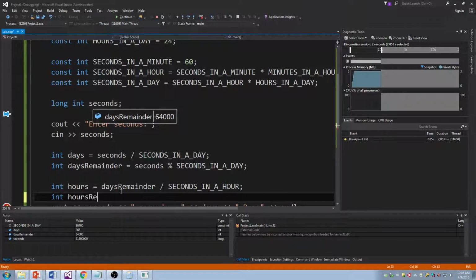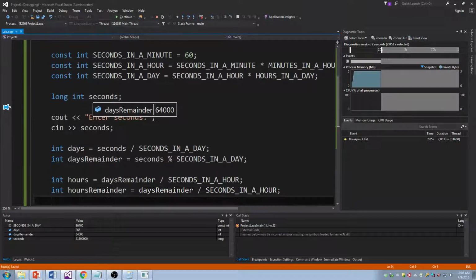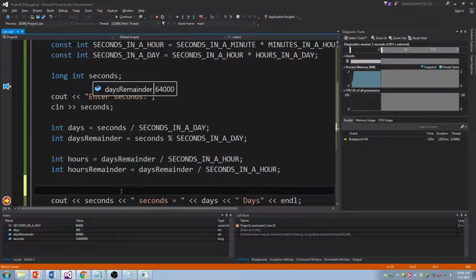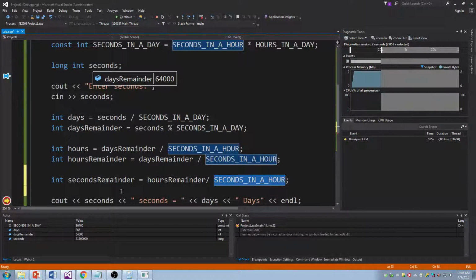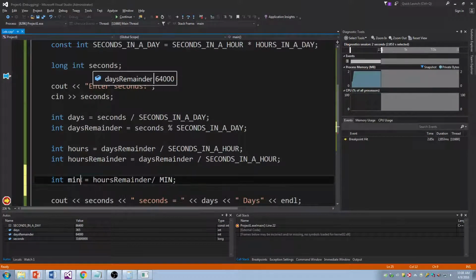Same thing. If we create hours remainder, okay, and we'll repeat this pattern for, oops, minutes. Gotta do minutes.